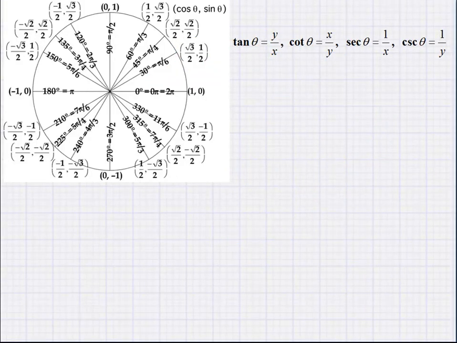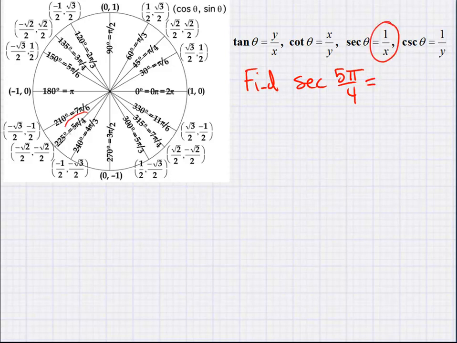How about let's do another one? How about we find the secant of 5 pi over 4? Well, if we look at this, secant is 1 over x. Here's 5 pi over 4. Here's the point that goes along with 5 pi over 4.